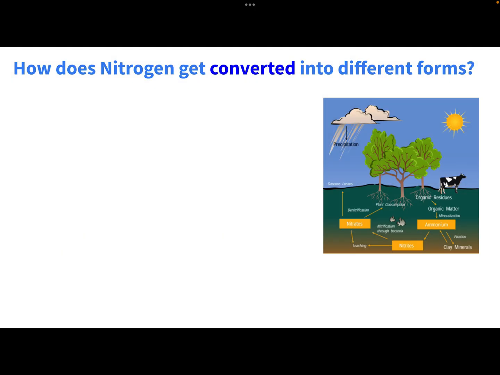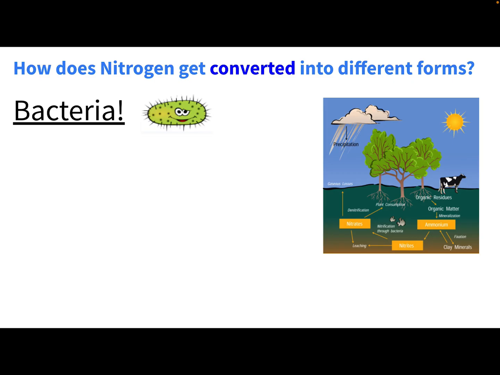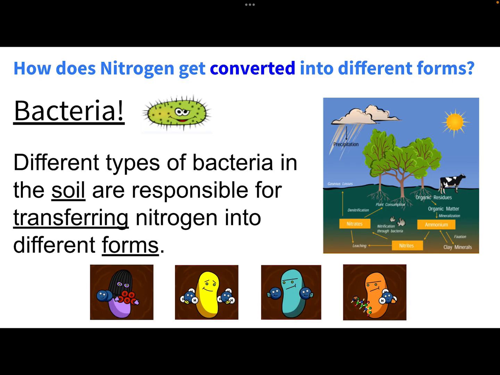So how can we actually get nitrogen gas to nitrates and into ammonia, out of ammonia, etc.? Well, the number one answer, here it comes again, the most important player here is bacteria. There are a couple different types of bacteria in the soil. We have nitrifying bacteria, we have ammonifying bacteria, we have denitrifying bacteria.